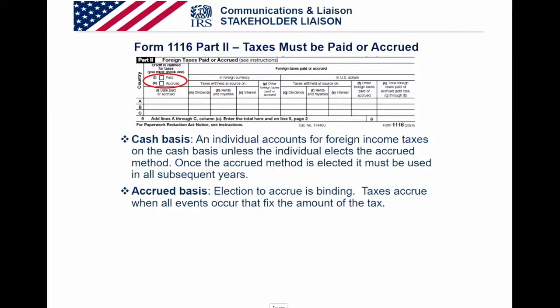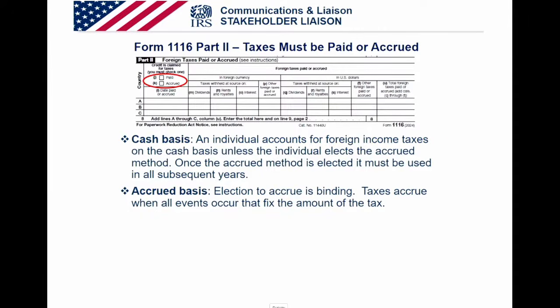So a taxpayer who has been on the paid method can switch to the accrual method in a later year. And once the accrued method is elected, the taxpayer must use the same accrual method for all subsequent years. And this is per IRC section 905A.